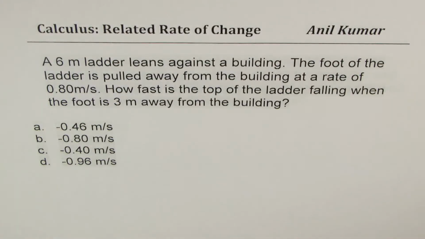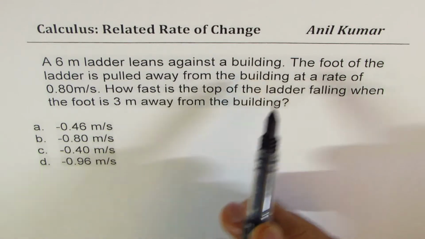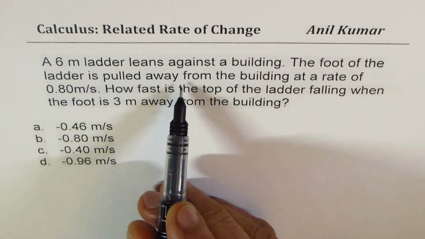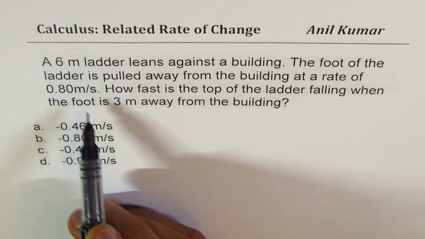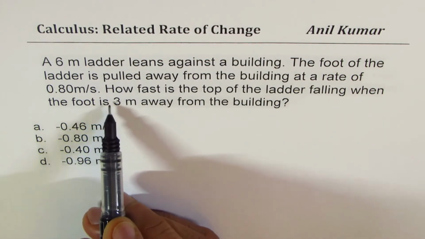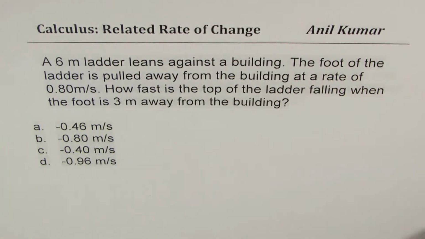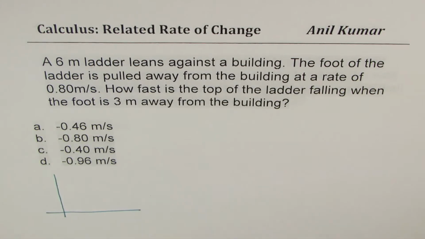Now let's move on and take the next question. We have 8 examples like this. A 6-meter ladder leans against a building. The foot of the ladder is pulled away from the building at a rate of 0.8 meters per second. How fast is the top of the ladder falling when the foot is 3 meters away from the building? So we'll use this base to sketch.